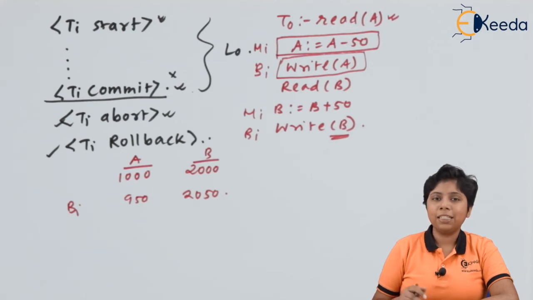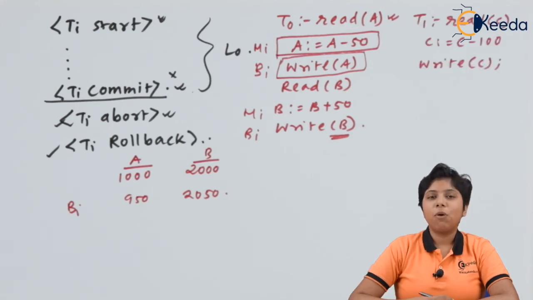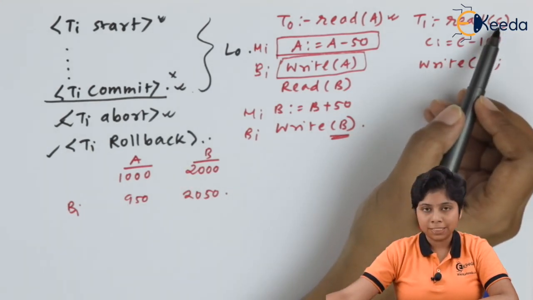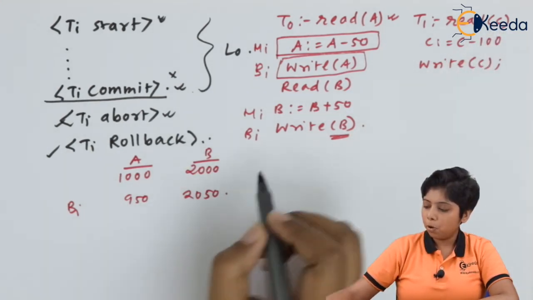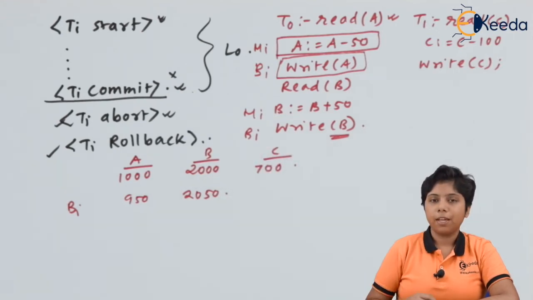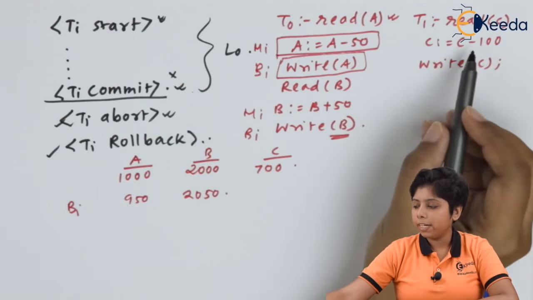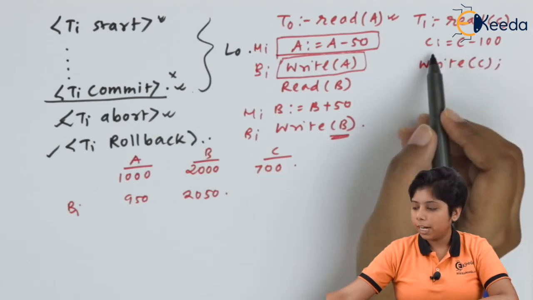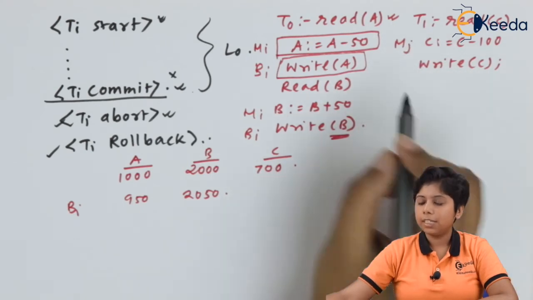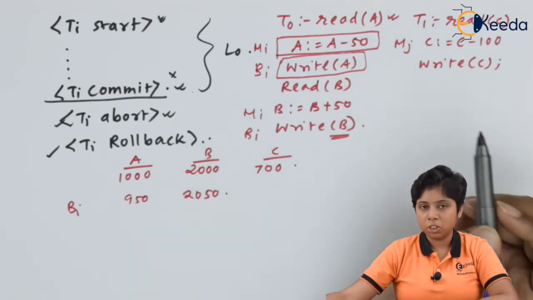Now there is another transaction T1. Now what is happening in this transaction? We are again reading the value of this variable C, say suppose, which is 700. Now what we are doing, C equals C minus 100. That means we are having in this MJ, say for the T1 we are considering MJ.